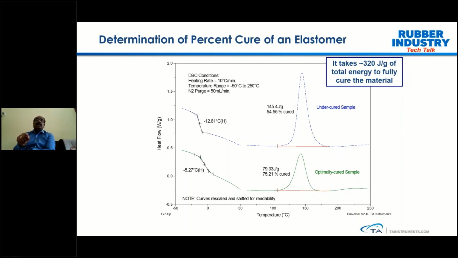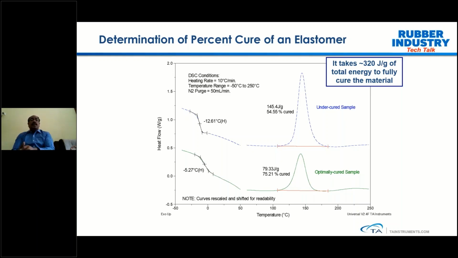In this case, for this particular DSC sample, 320 joules per gram of energy is required. But what we see here is the optimum cure is 79.3. If you take the ratio, we can clearly calculate that the green color sample is 75% cured.